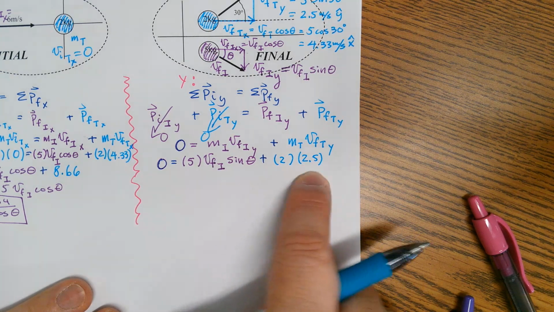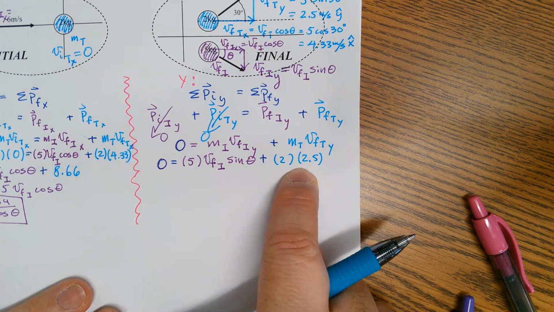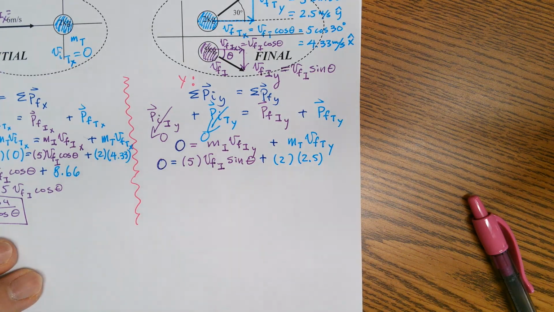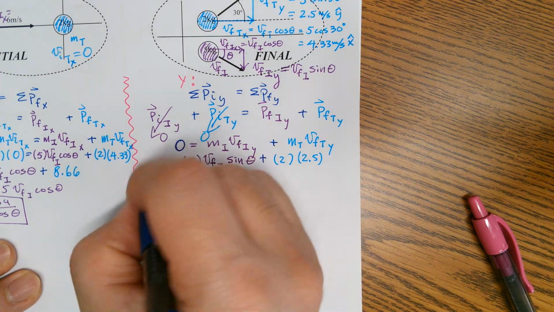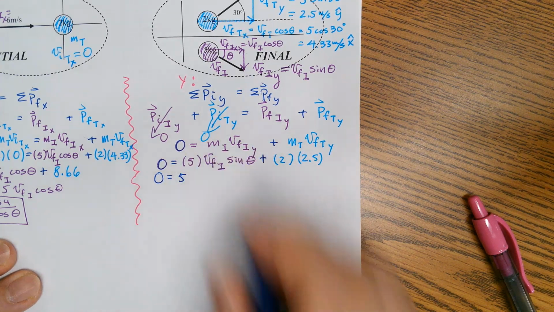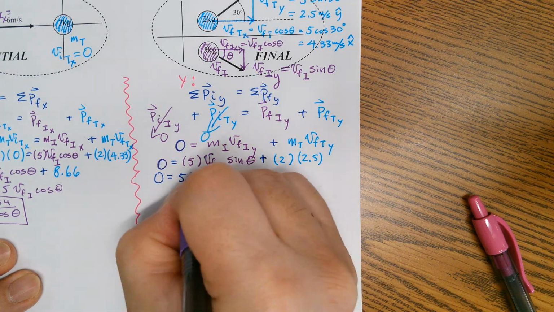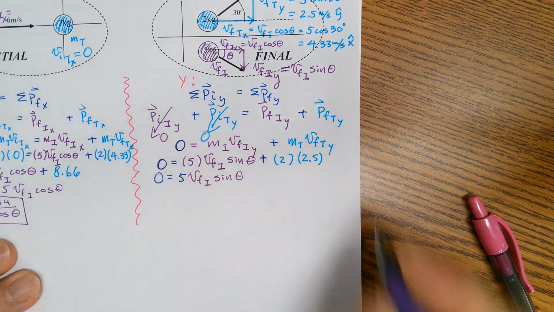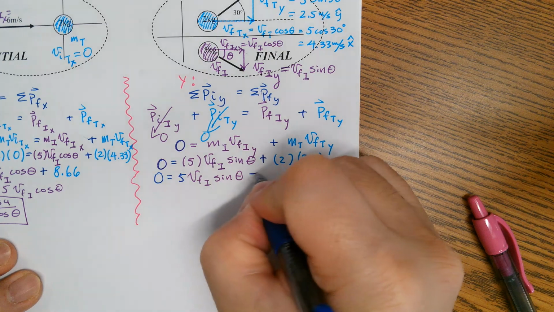If I multiply this, this becomes 5. So I got 0 is equal to 5 VFI sine theta plus 5.